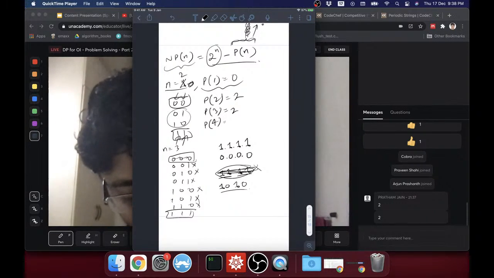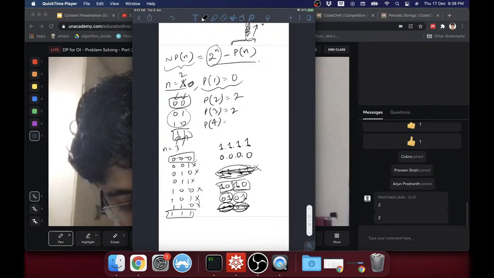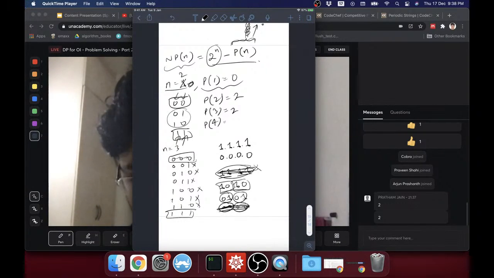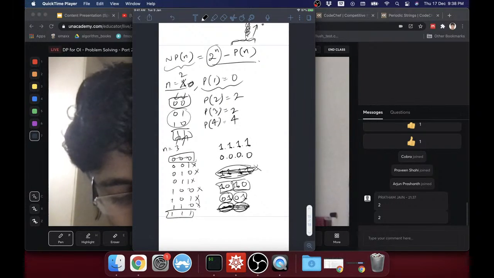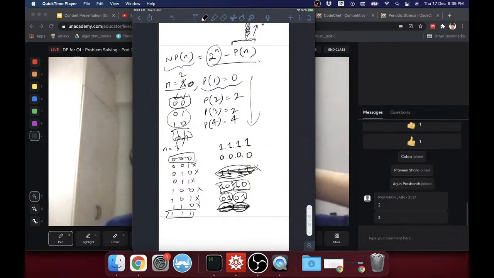This is not covered. 2 length plus 2 length, or 2 length plus 2 length. This is also not covered, but this one is covered. 3 length not possible, 4 length not possible. So 4 ways.